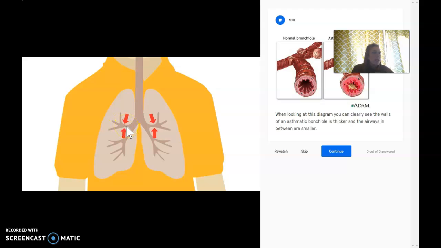Okay, now so these, as you can see from this diagram, what's happening is that the walls of the bronchioles in an asthmatic are very thick, and the airways in between are very small, so therefore not a lot of air can get in there, which means what we take in is oxygen, so less oxygen into our lungs. All right, so that's what's happening when someone's having an asthma attack.